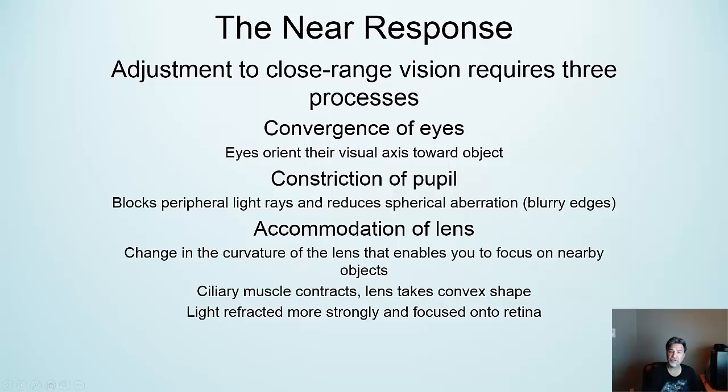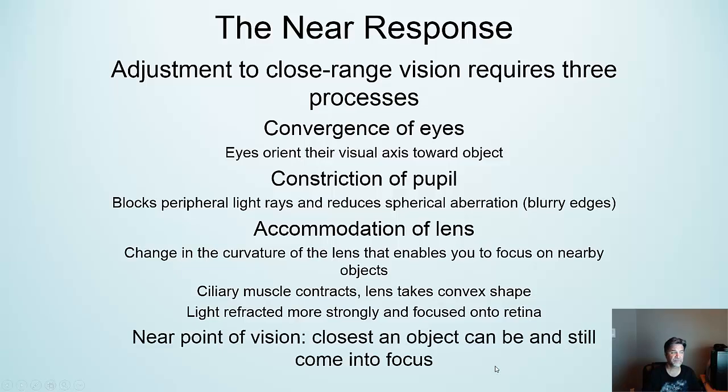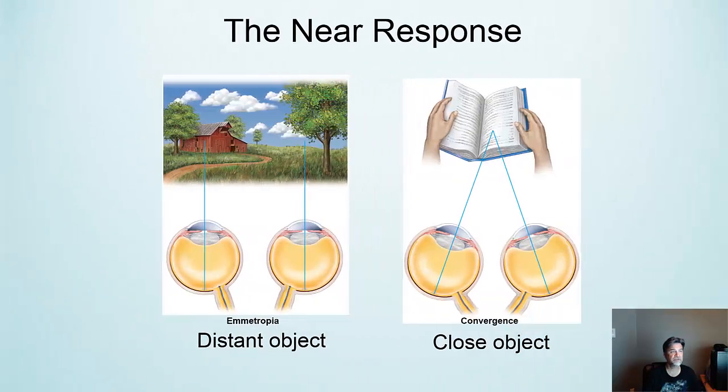And so you'll change the curvature of the lens so you can focus more clearly on nearby objects, and the muscle will contract, and the lens, in response to the contraction, will actually fatten, will actually become wider. And that's what we mean by convex shape, so that we can refract the light more specifically onto the retina. The closest an object can be and still be in focus is called the near point of vision.